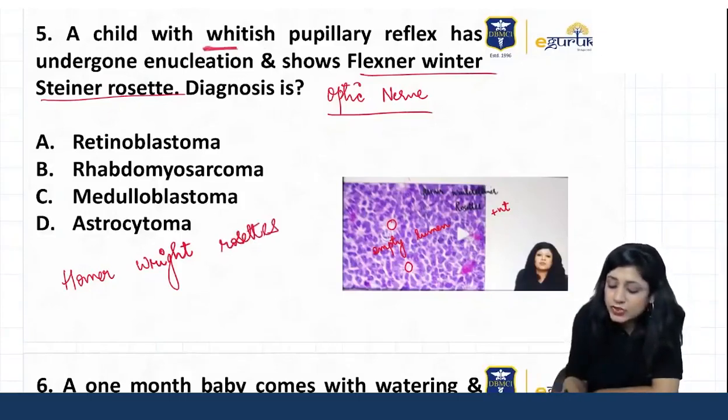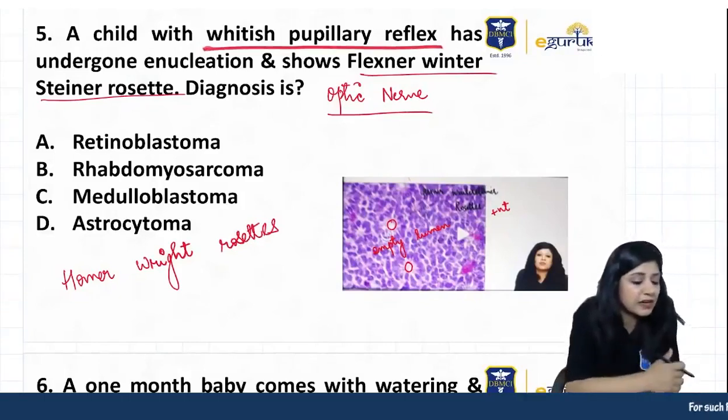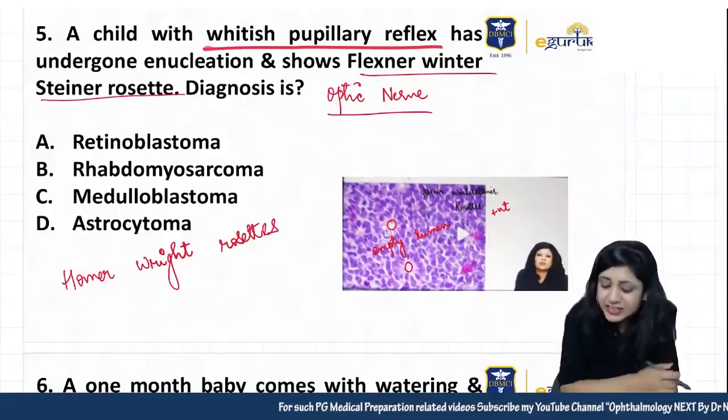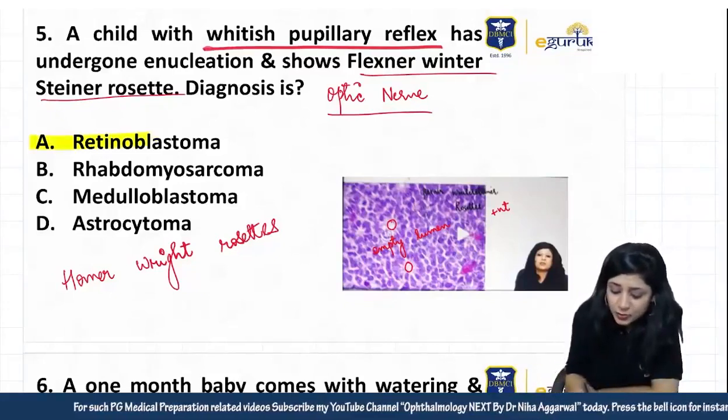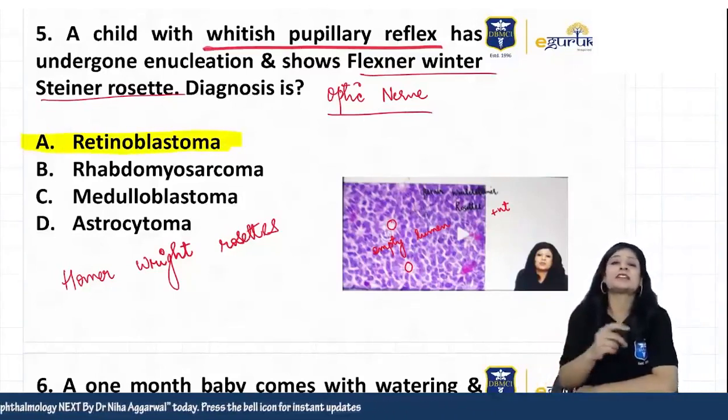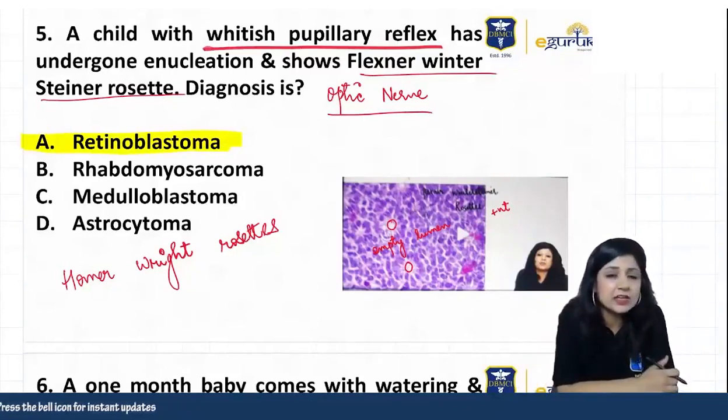Did they use the word leukocoria or whitish pupillary reflex? So the answer is very clear. I think that is retinoblastoma. If you are having a whitish pupillary reflex, then we are having the Flexner Wintersteiner rosettes also. There is no doubt about it.